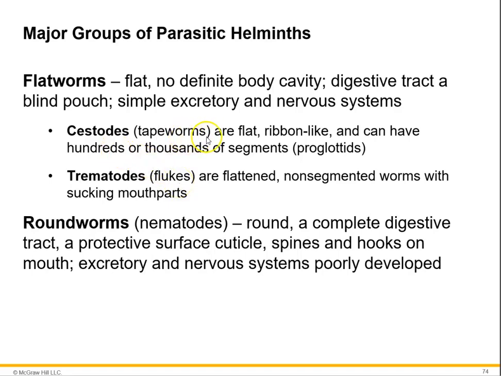The tapeworms can have hundreds or thousands of segments. We call these proglottids. The flukes are going to be non-segmented. Roundworms, unlike the flatworms, are round, as the name suggests, but they also have a complete digestive tract.